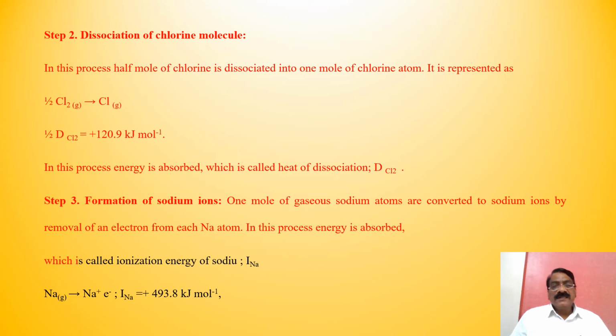In this process, energy is absorbed, which is called the ionization energy of sodium, INa. See the process. Na gaseous gets converted to Na plus and 1 electron, and INa is equal to plus 493.8 kilojoule per mole.